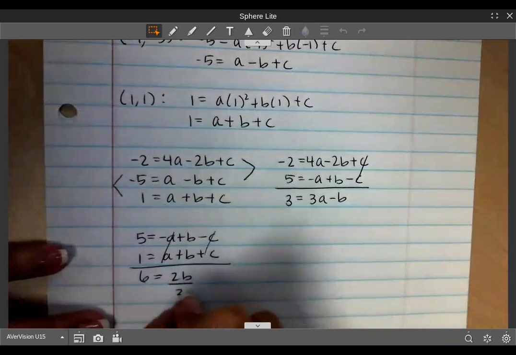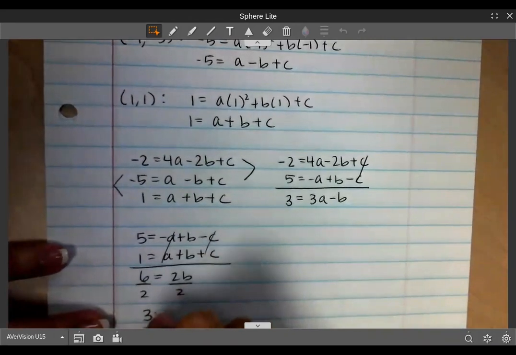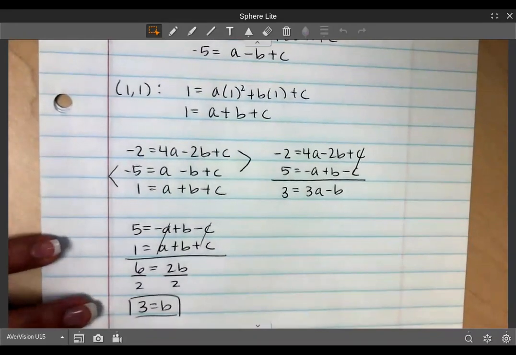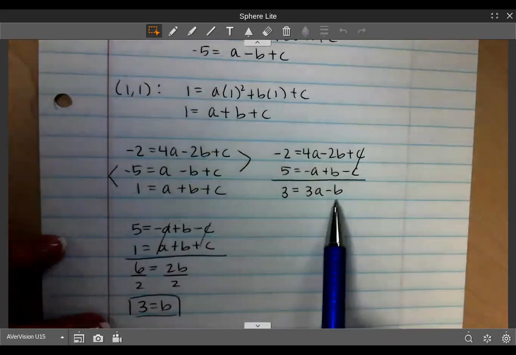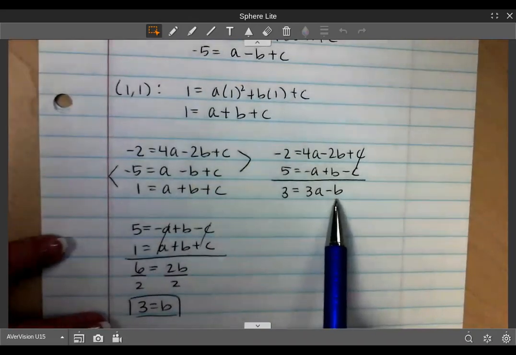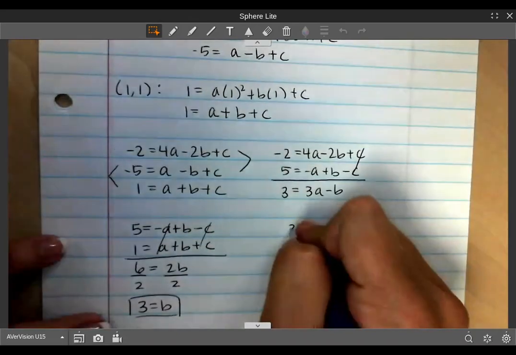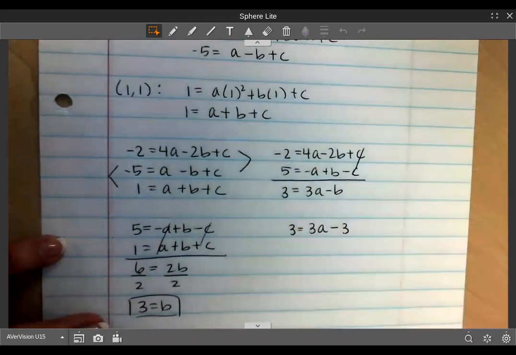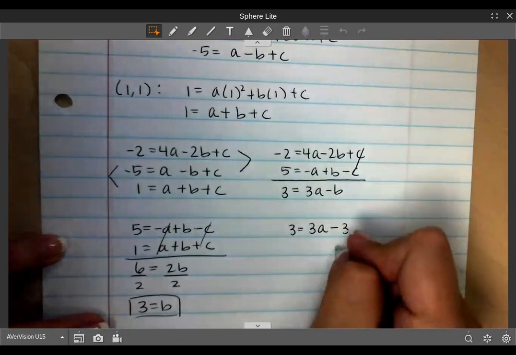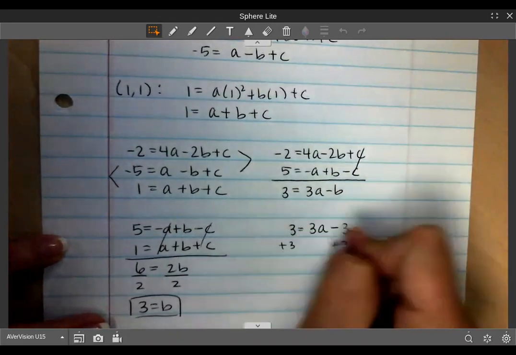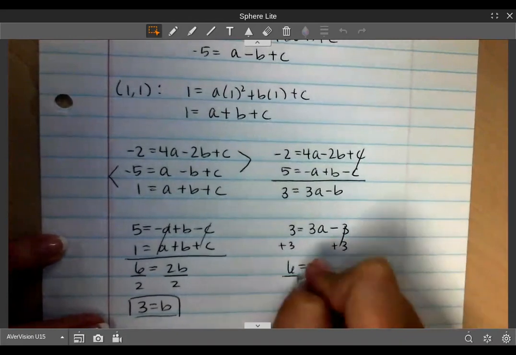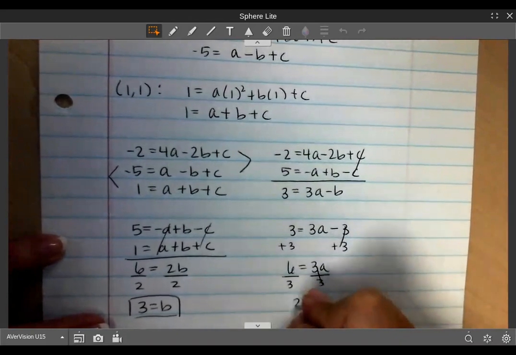I divide by 2, and 3 is equal to b. So we kind of got lucky on this one because it made it a little bit easier now that both the a and the c canceled out there and we have the b. So all I have to do is come back and substitute it here. So we get 3 is equal to 3a minus 3. I add the 3, and we get 6 is equal to 3a, divide by 3, a is equal to 2.